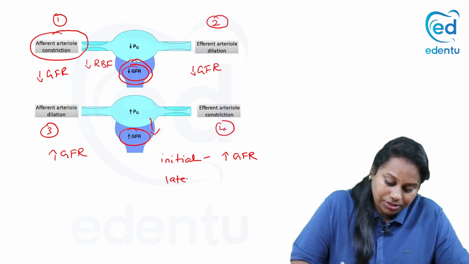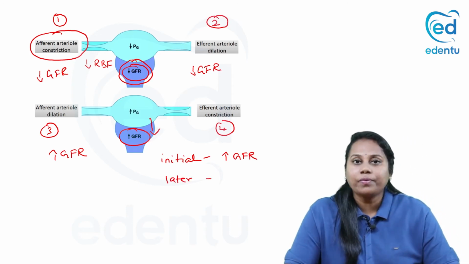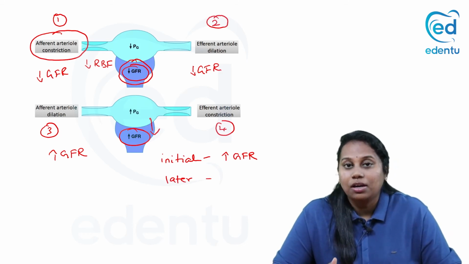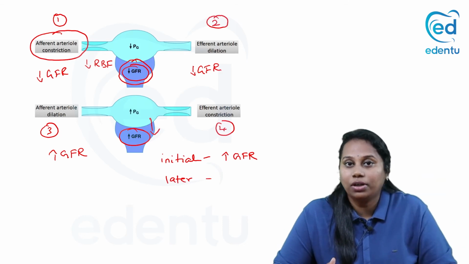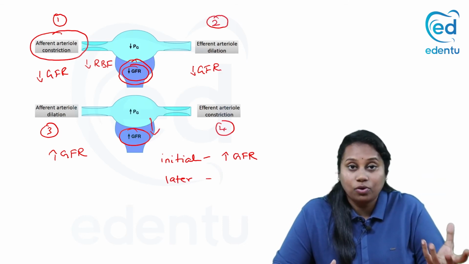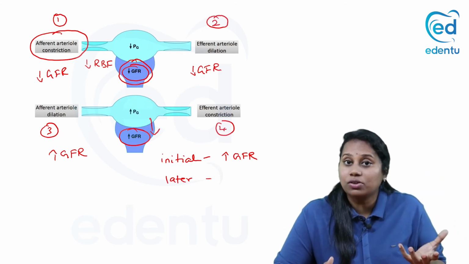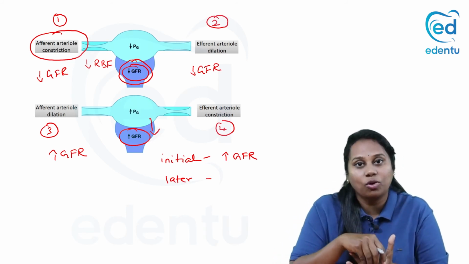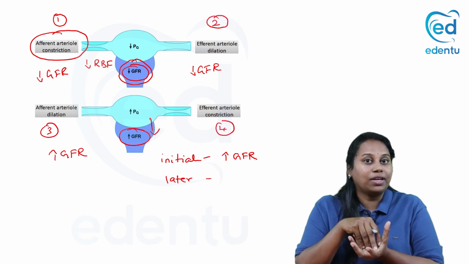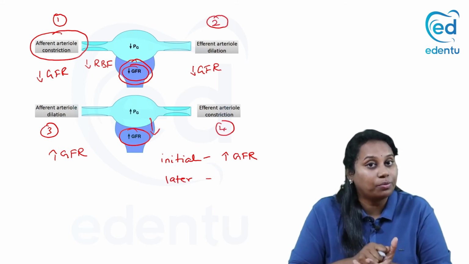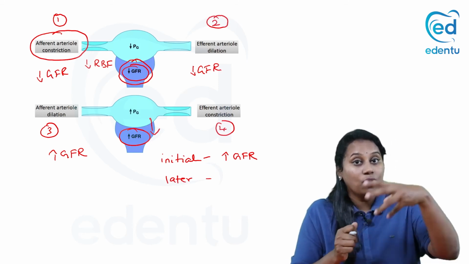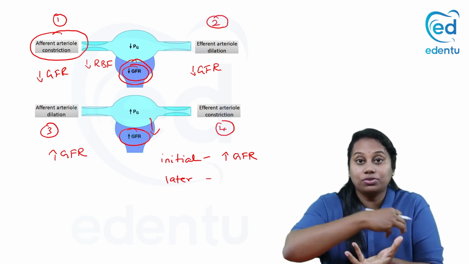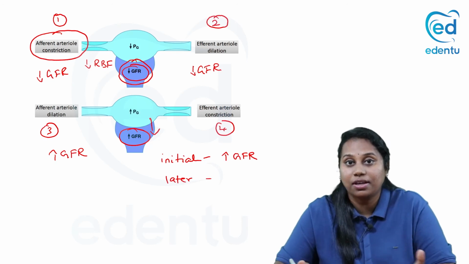But at later stages, see what happens. So initially, because of accumulation of blood, hydrostatic pressure increases. But if this keeps on happening for a long time, not only blood, the plasma component is accumulating. Proteins are also accumulating. So proteins will slowly begin to get accumulated in the glomerulus. When proteins are getting accumulated, they will exert oncotic pressure. What is oncotic pressure? Pulling force. So this will pull the filtration from the tubule into the glomerulus in the opposite direction.